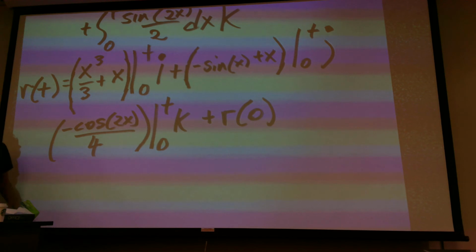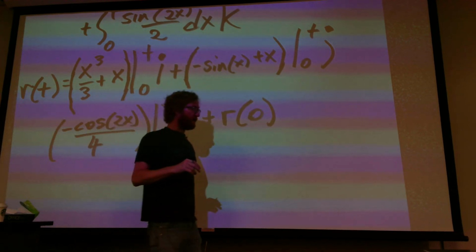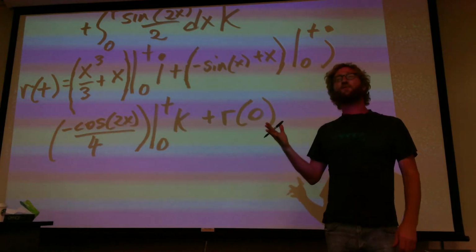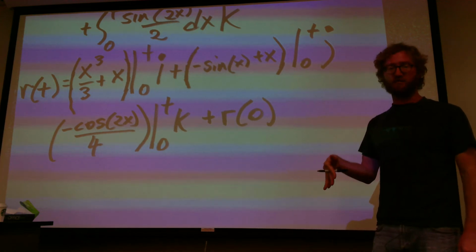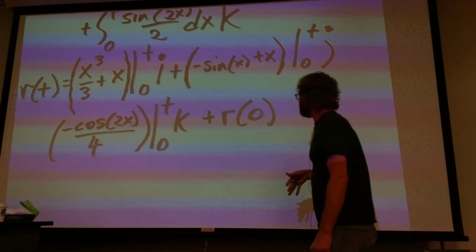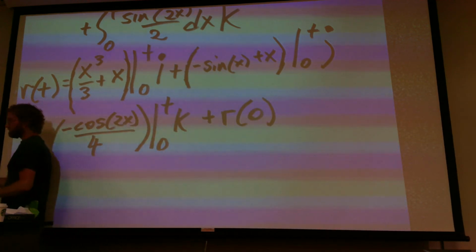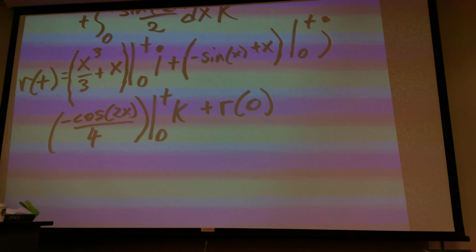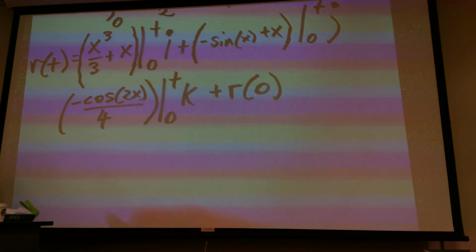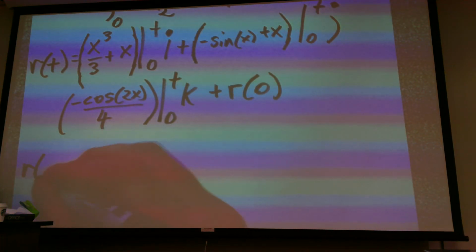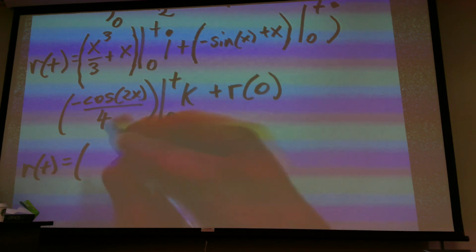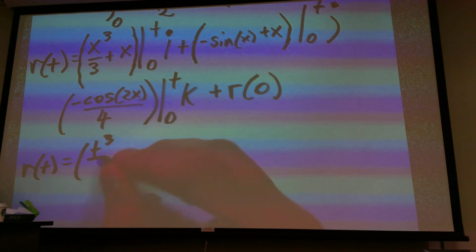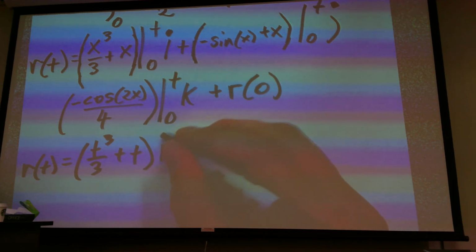Okay. So now we have all our x's, and now we're going to replace the x's with the boundary conditions of t and 0. This means that r of t would equal t cubed divided by 3 plus t, now multiplied by i.